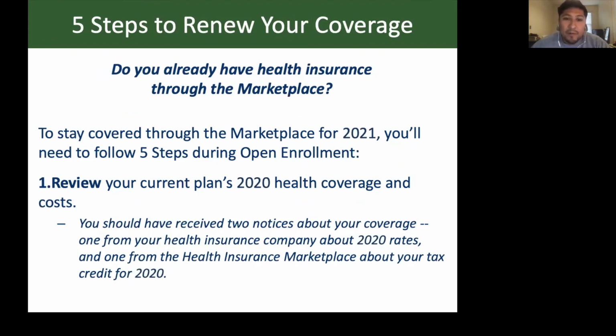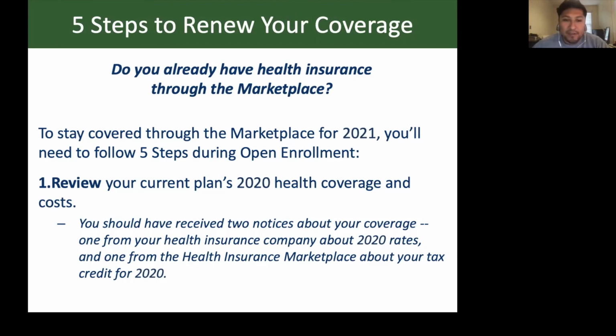If you are renewing your coverage, we highly recommend that you check what your options are for the upcoming year. Review your current plan for this year and see if there are any changes. You should be receiving two notices: one from the actual insurance company about the rates that you'll be paying, so that's your premium, and one from the marketplace about the tax credits.